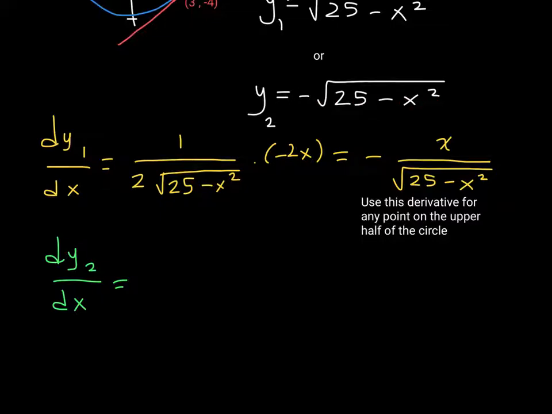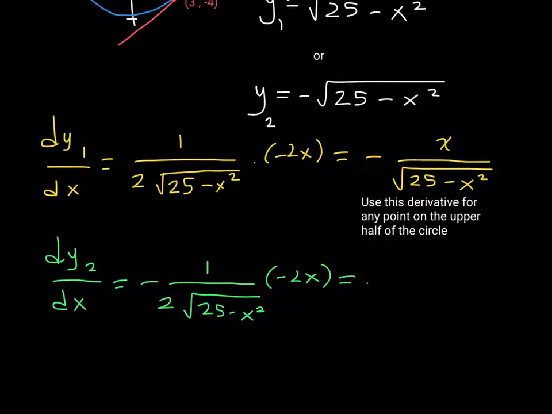So it'll be negative, and then 1 over 2 times the square root of 25 minus x squared times negative 2x. So we can simplify this by writing, let's see, just positive x over the square root of 25 minus x squared.